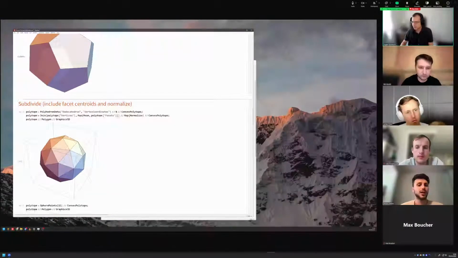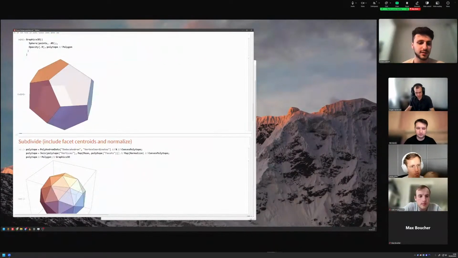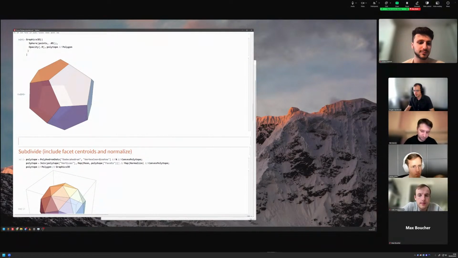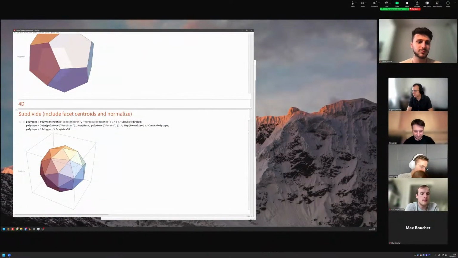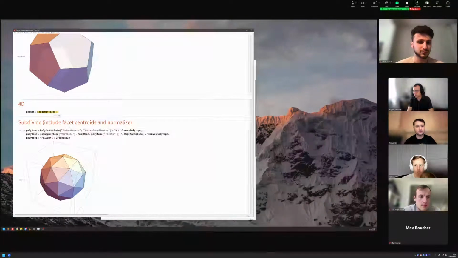You mentioned that you can do more than three dimensions. Do you have a way of visualizing that? Yeah, let's do that. Let's make a hypercube.